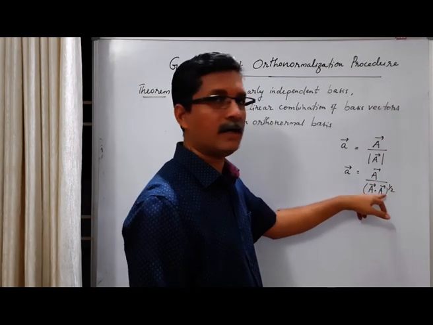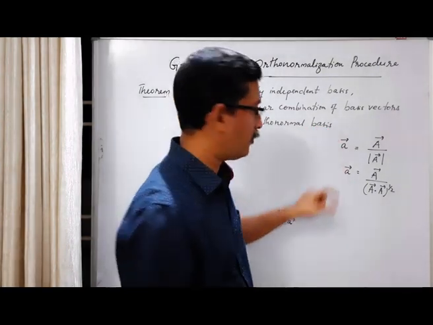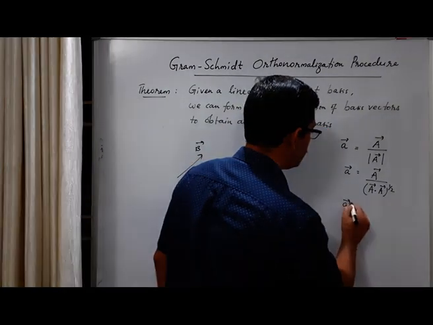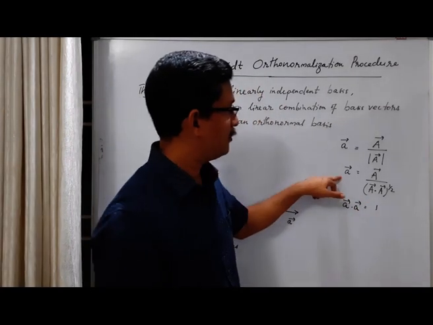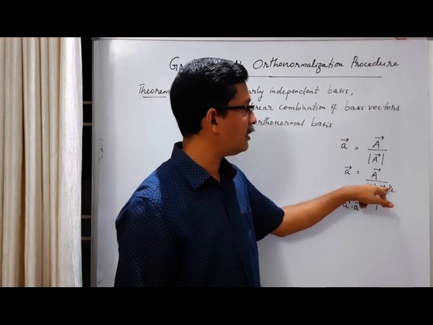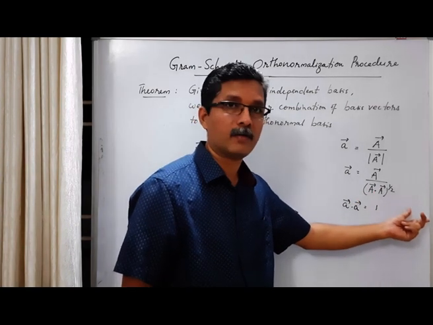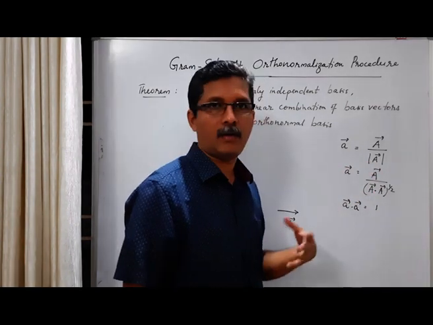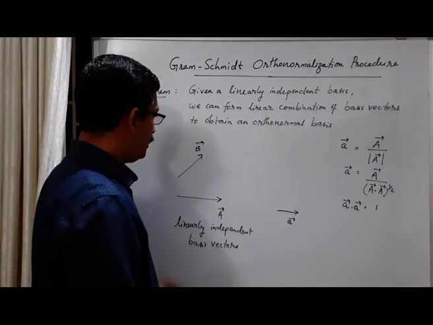But mod A squared is A dot A. So naturally small a dot small a will be 1. In the denominator you have the square root of A dot A times the square root of A dot A, which is a scalar. So we get A dot A divided by A dot A. That is 1. So this is normalized now.